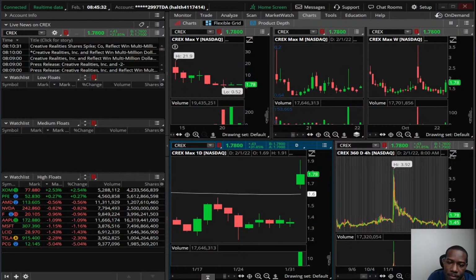CREX. Finding a little bit of resistance at that 180, pulling back off of it there again. Try to get up there. Pulling on back. Okay, BFRI.